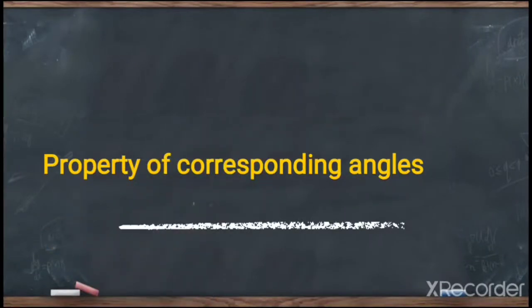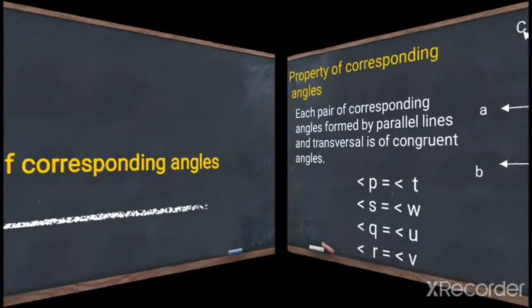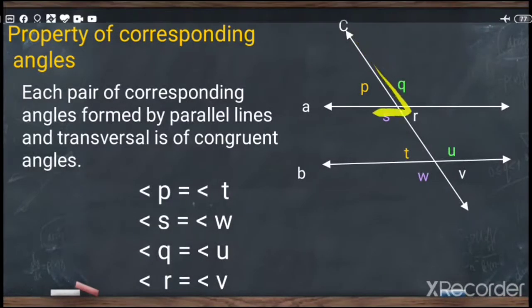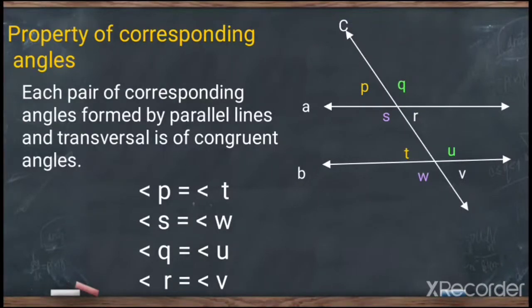Now let's see the property of corresponding angles. Here each pair of corresponding angles formed by parallel lines and transversal is a congruent angle. Let's see how it is. If you take angle P, that is this one, and by using scissors you cut it and place it over angle T, it will merge with it.